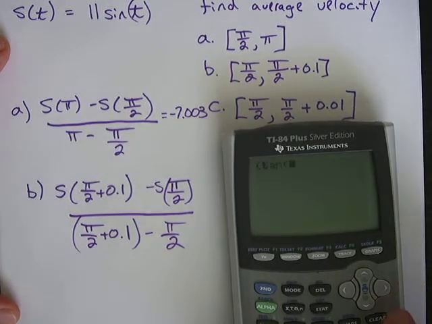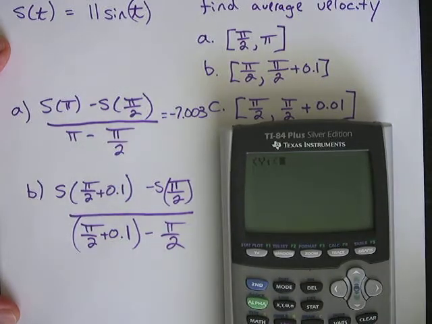Open parentheses, vars, y vars, enter, and then type in pi over 2 plus 0.1, minus vars, y vars, enter, pi over 2.